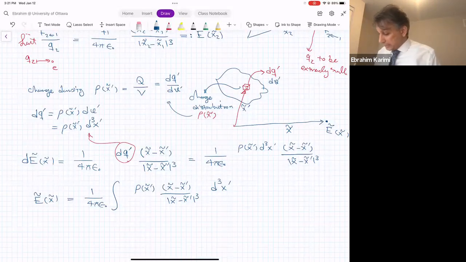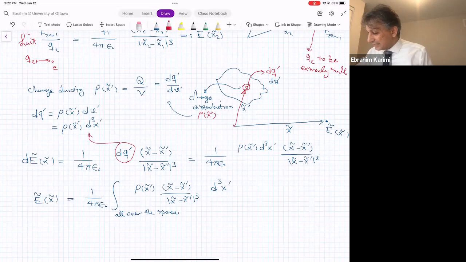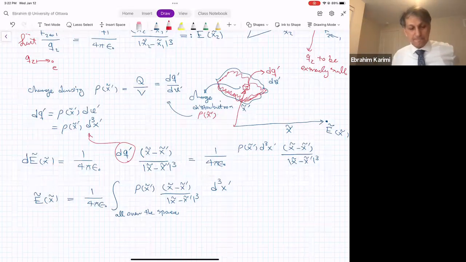And remember, this is all over the space, which for us will be only on the charge distribution, which is here, and the volume of these.